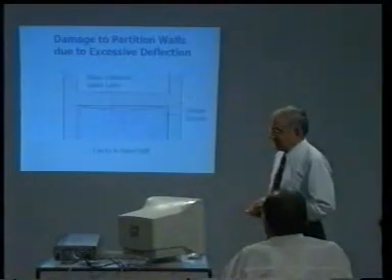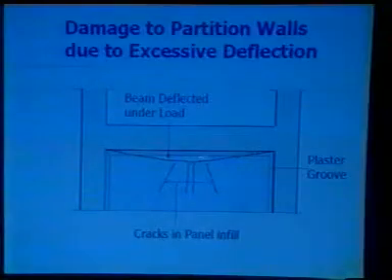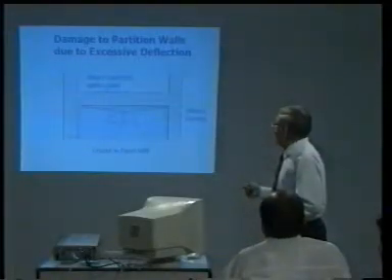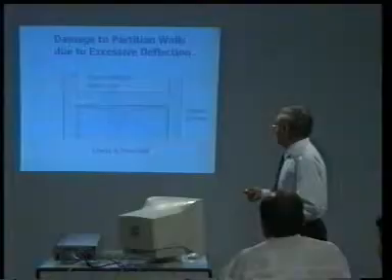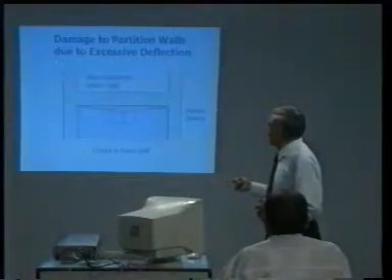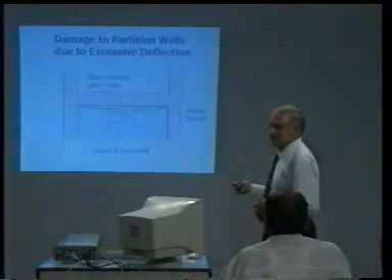Now, the damage caused to the partition walls by virtue of heavy deflection. Frame structures are supposed to have panel infill walls. These panel infill walls are supposed to be constructed later on, but the builders on the site, just to avoid the formwork at this place, make the panel wall alongside, and the beam is made to rest directly on this.